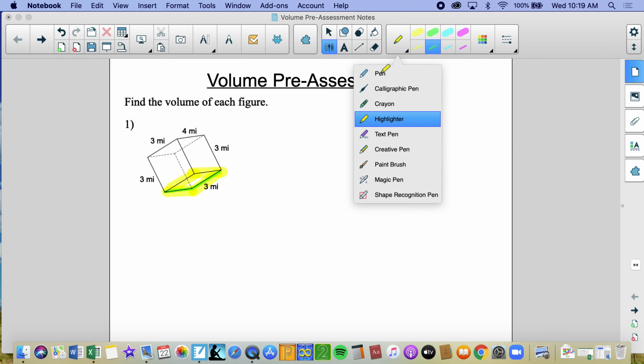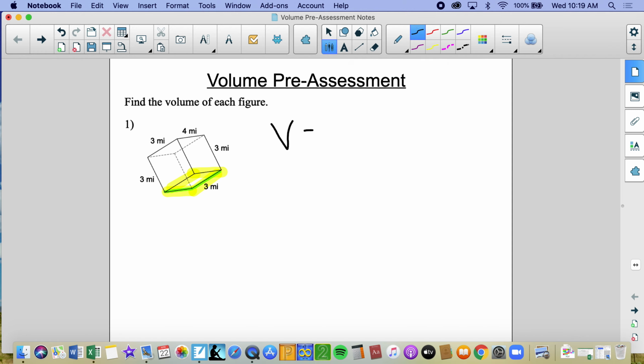Remember that the volume formula for all two base figures is V equals big B times H. So my base shape is a rectangle, so I'm going to have base times height times the height of the object. This height is always going to be the height of the object, and these are going to be the area of the base.